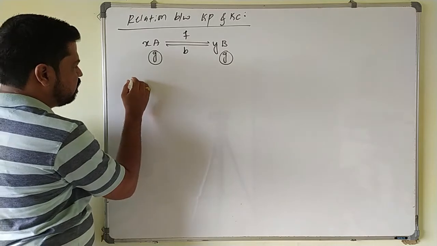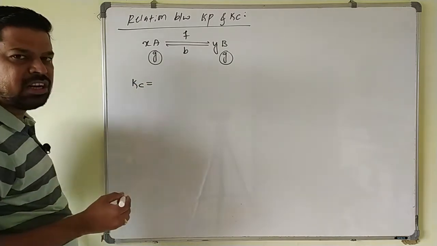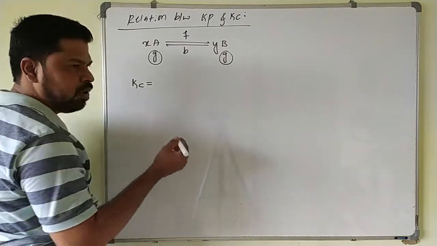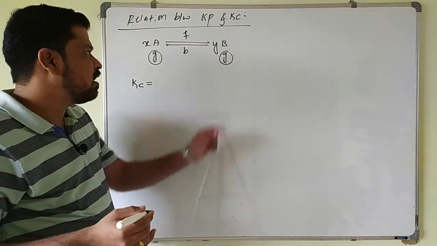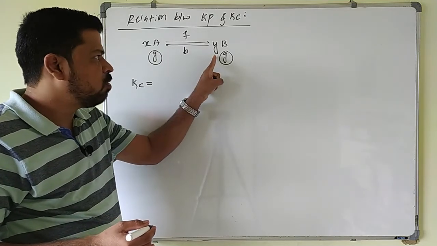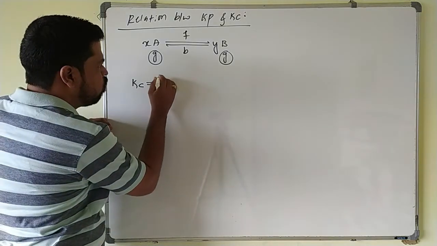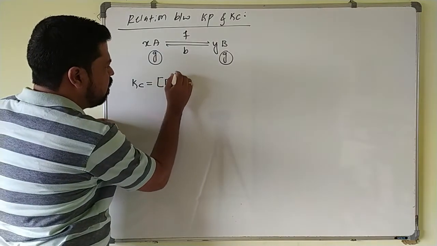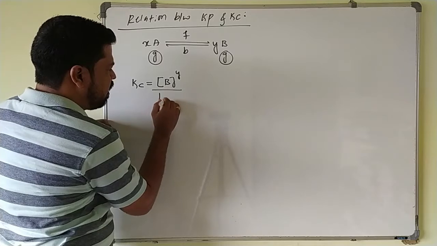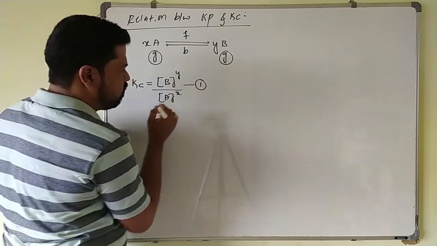Kc is the equilibrium constant in terms of concentration: molar concentration of product divided by molar concentration of reactant, raised to the power of their stoichiometric coefficients. So Kc equals molar concentration of B power y divided by molar concentration of A power x. Take this as equation number 1.